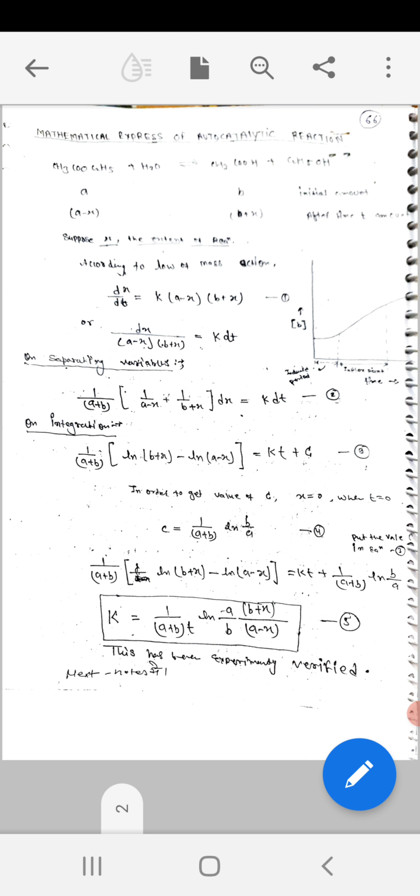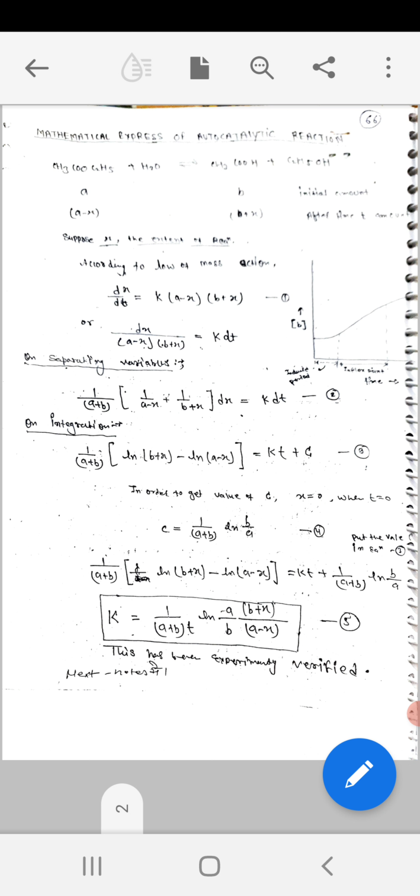If we plot a graph between concentration of B and time, then we get a graph like the one shown in the figure. Here, this is not starting from zero concentration. Zero concentration is at zero time. It is starting at a certain point, it has some intercept on the y-axis. This shows that there is an induction period.